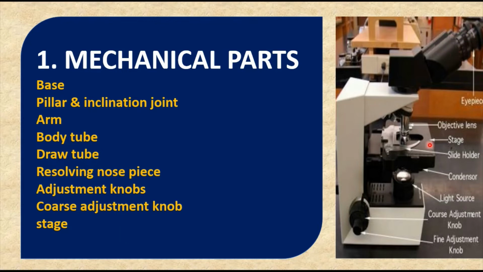Then the revolving nose piece, which holds the objective lenses. Then the adjustment knobs, fine adjustment as well as coarse adjustment, and the stage which holds the slide. All these together are considered the mechanical parts. Let's see them in detail one by one.